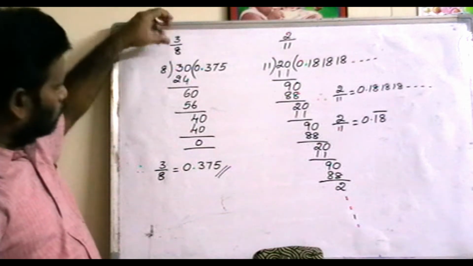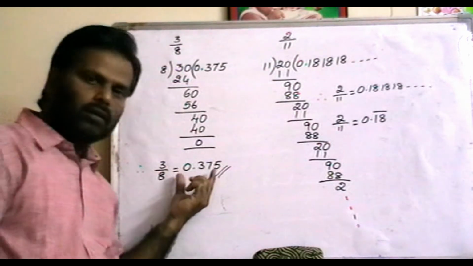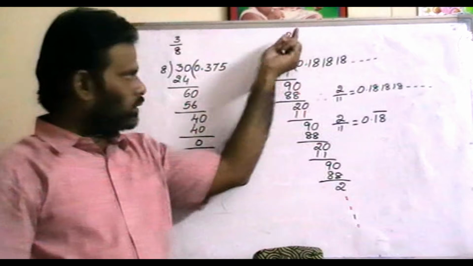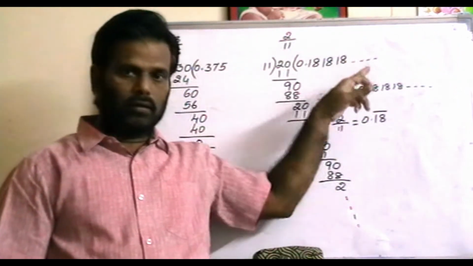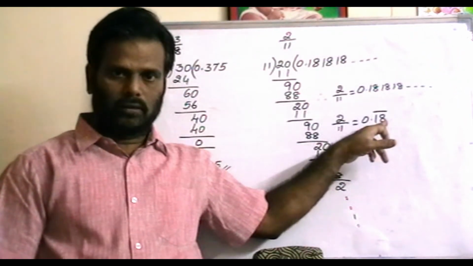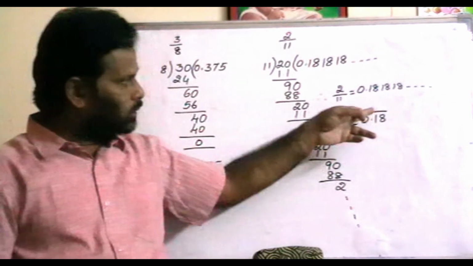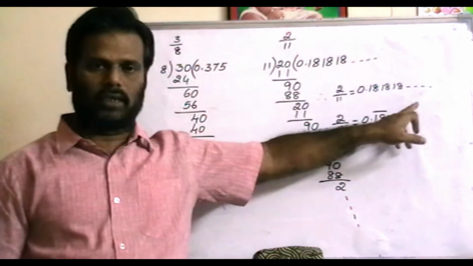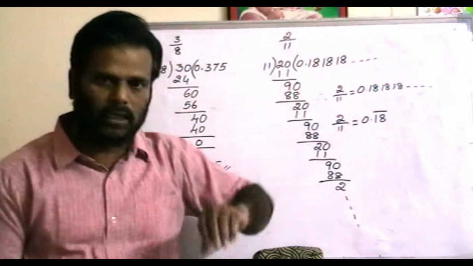Some rational numbers change into decimal form as terminating decimals, otherwise they are non-terminating recurring decimals. If it is a non-recurring, non-terminating decimal, then first of all, it is not a rational number.